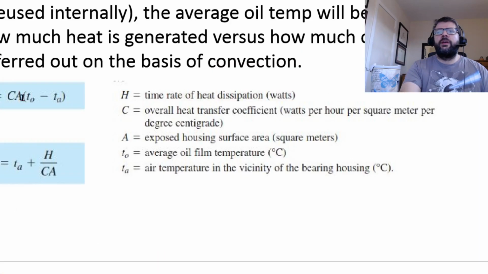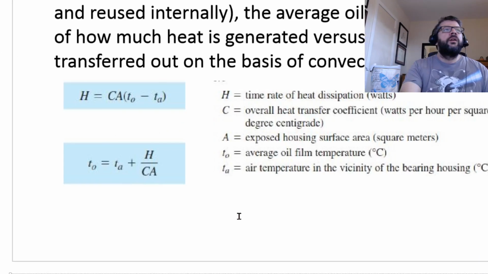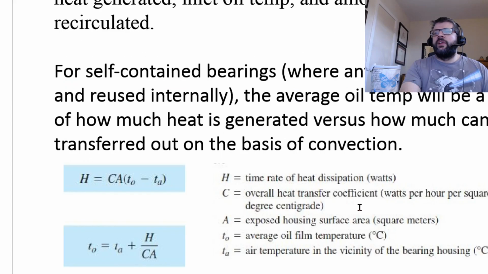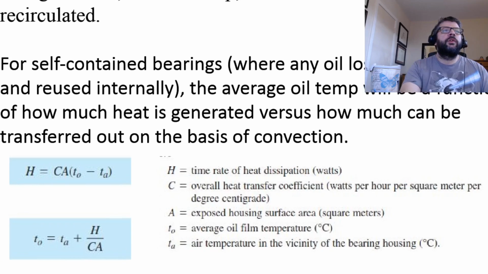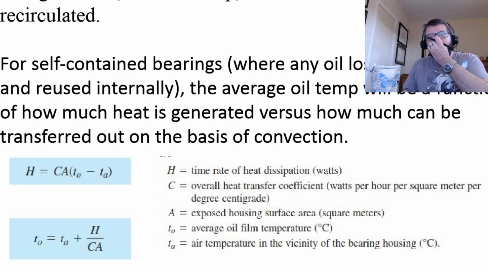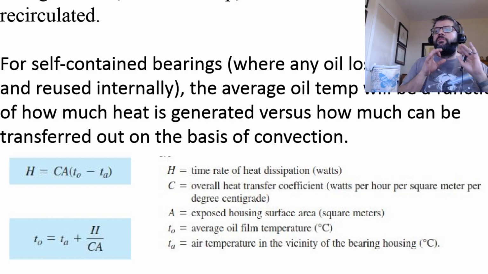So we just look here. Basically, the rate of heat dissipation that we can expect, this H in watts, is going to be equal to a heat transfer coefficient, in watts per square meter per degree centigrade, times the exposed housing surface area, so the surface area of that bearing, times the temperature difference.